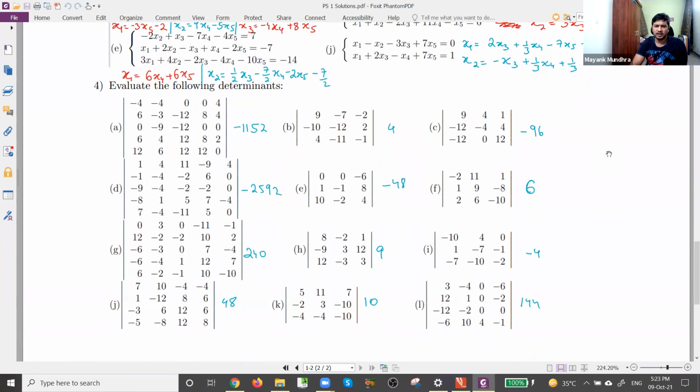Okay, so let's say I do one of them as an example. So let's say this option number D looks slightly complicated. So let me copy this one.